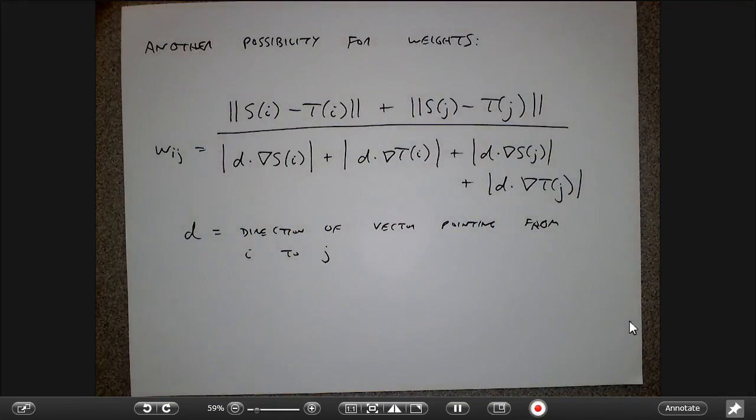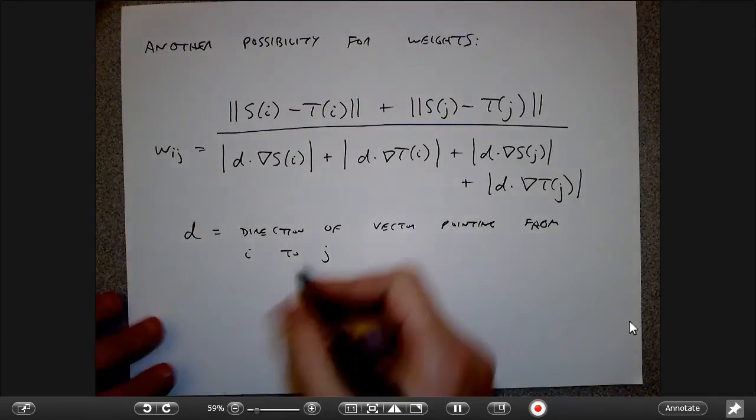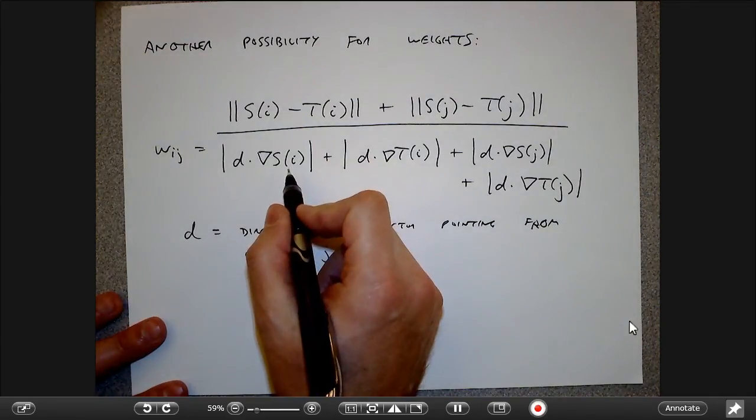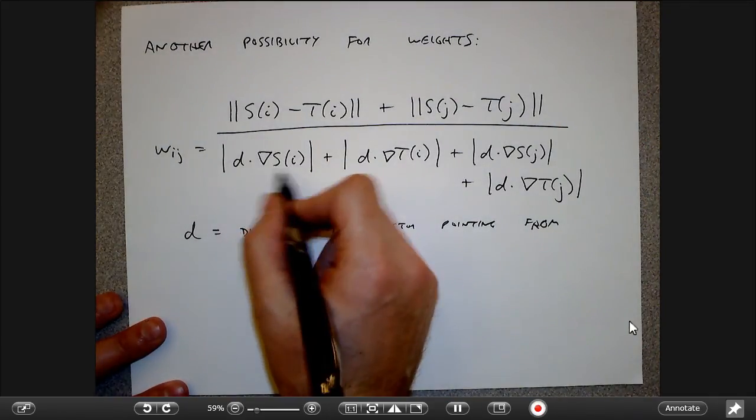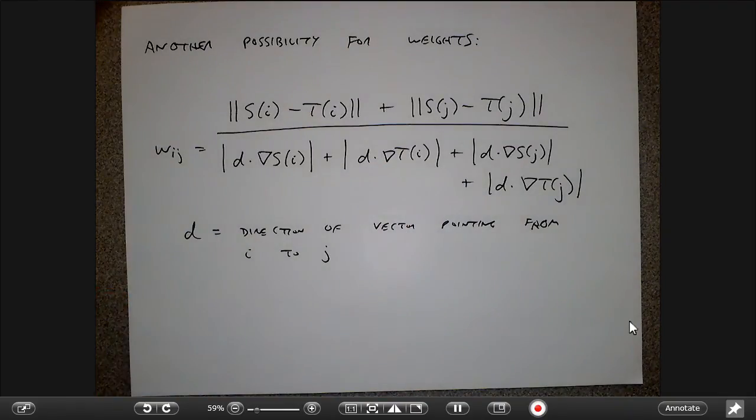So what this is basically saying is that if the gradient is large, right? Let me make sure I got this right. If the gradient is large, that means that there are edges happening in the image along the same direction as where I want to cut.